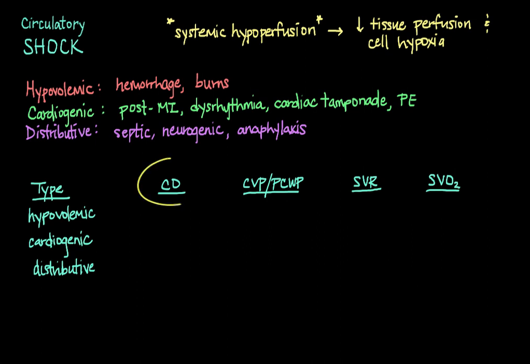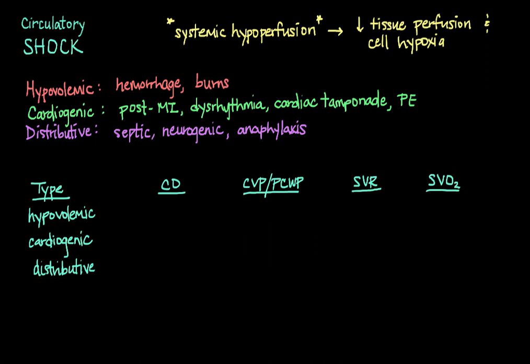So cardiac output is the measure of the contractility of the heart. Basically, it's a measure of the volume of blood that's pumped by the heart in a unit of time. So central venous pressure and pulmonary capillary wedge pressure are a little bit harder to comprehend, but I'll try to explain it as best I can. These are both basically measurements that reflect the amount of blood returning to the heart in the right atrium.